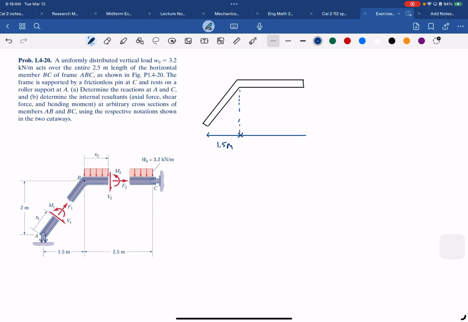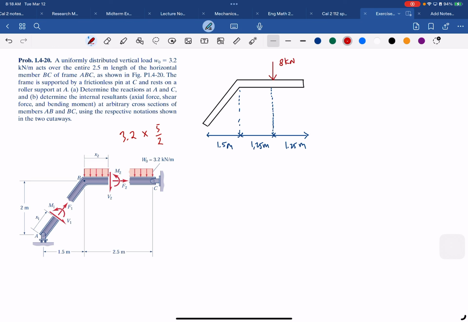The total is 2.5, but since I will make a total resultant for the distributed force, this will be 1.25, and this will be 1.25, 2.5 divided by 2. And the force is basically 3.2 multiplied by 2.5, or 5 over 2. So 1.6 multiplied by 5 is 8, right? So we will have 8 kilonewton.